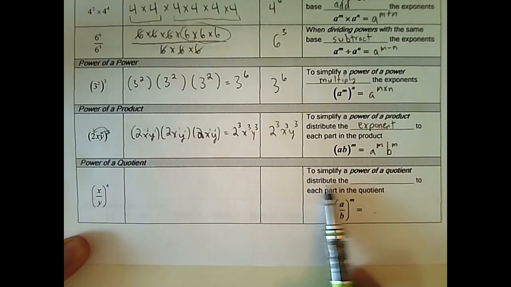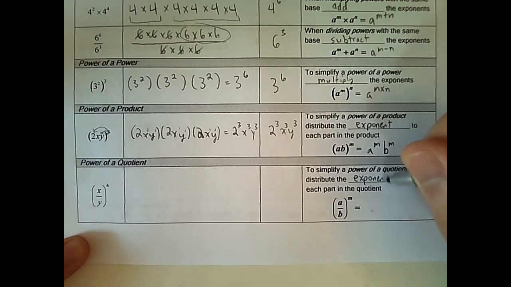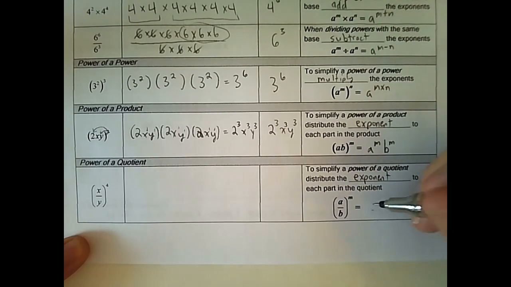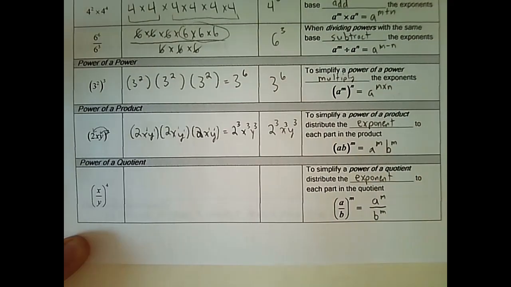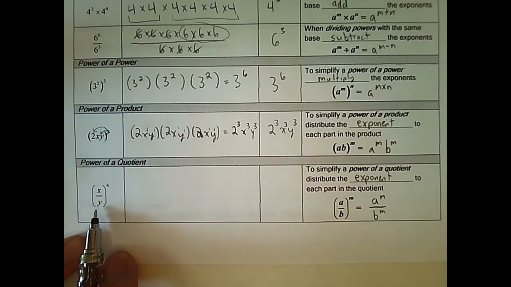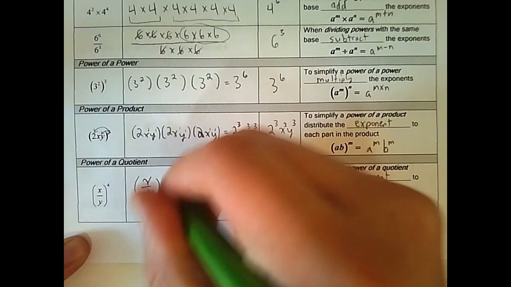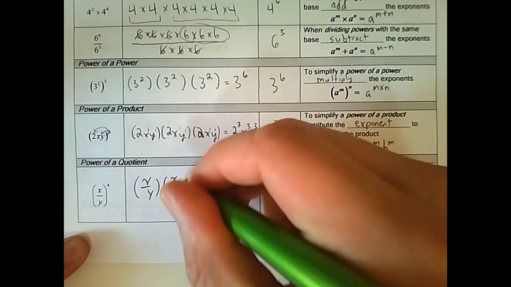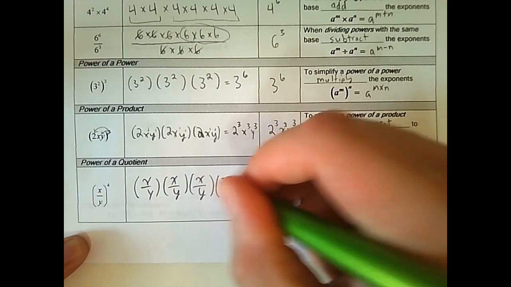Our last one is the power of a quotient, which is very similar to the power of a product. To simplify the power of a quotient, distribute the exponent to each part of the quotient. So we're just applying the exponent to the top number and also to the bottom number. Our proof for that is, if I have (x over y) to the power of 4, that's like saying x over y, x over y, x over y, x over y.